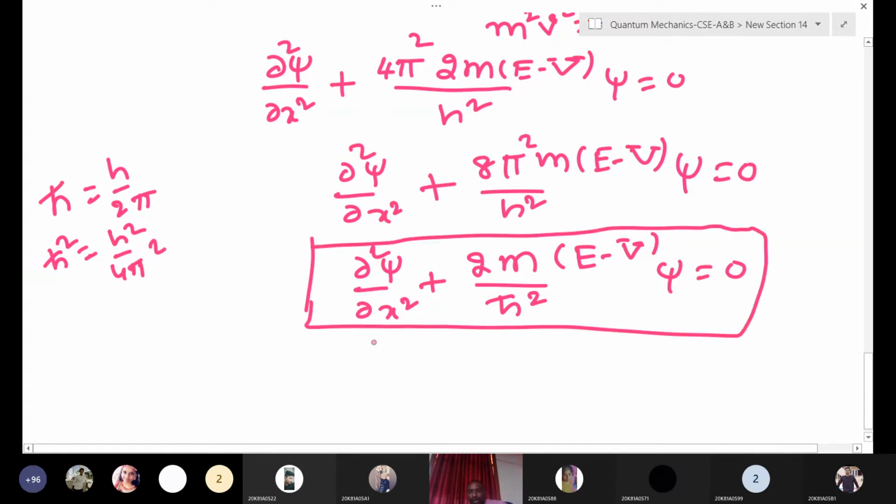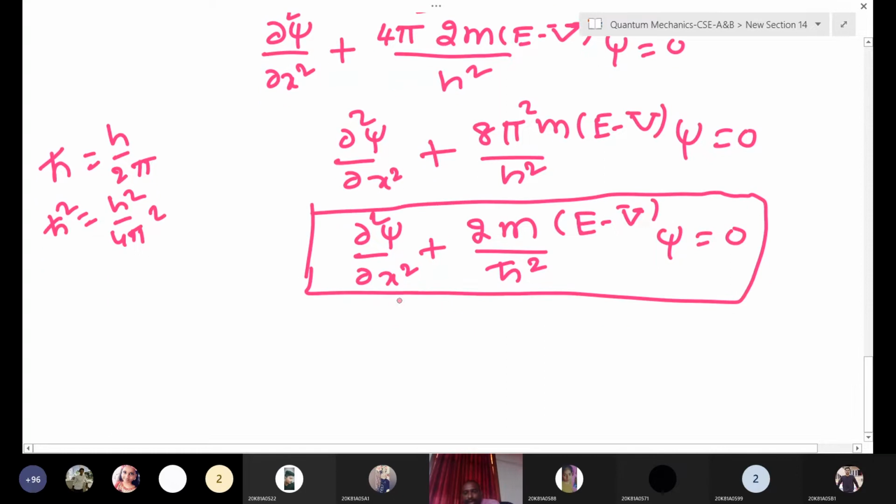This is in one dimension, right? This is the expression if the particle is going only in the x direction. If the particle is propagating in three dimensions, the wave equation depends on x, y, z components, so you have to write it three-dimensionally.